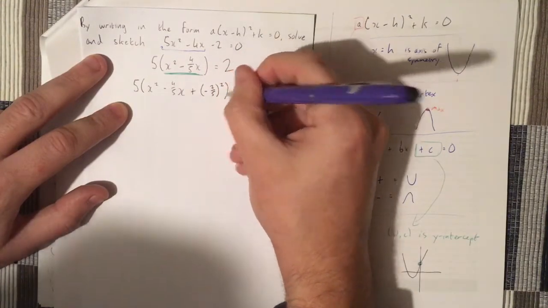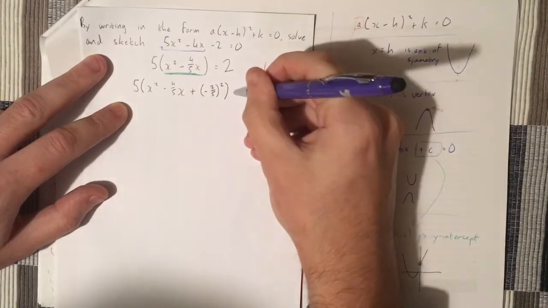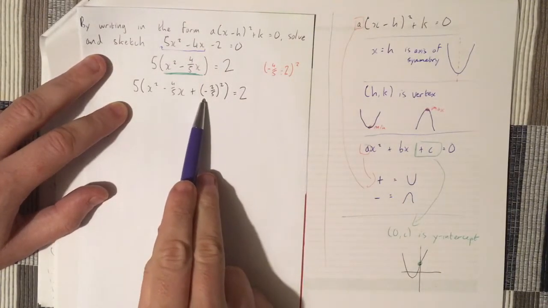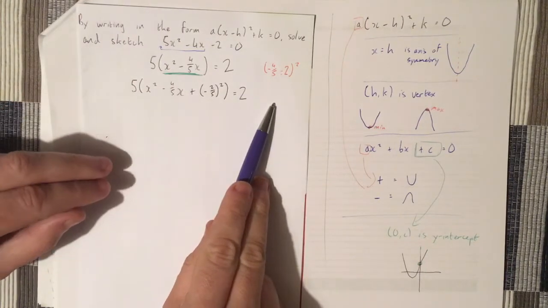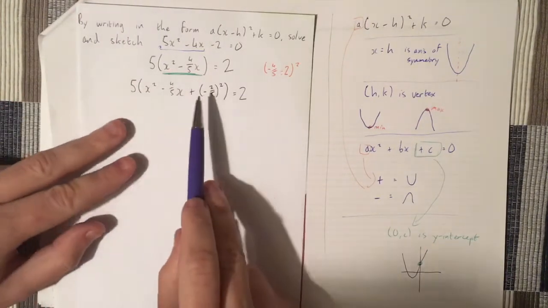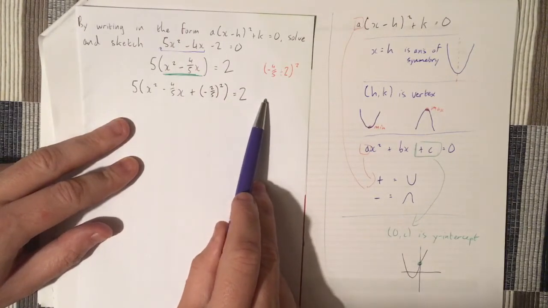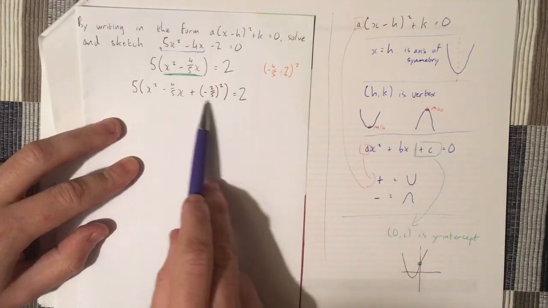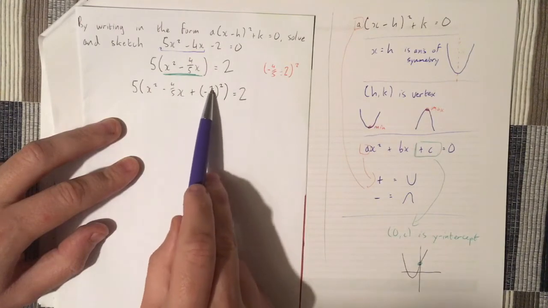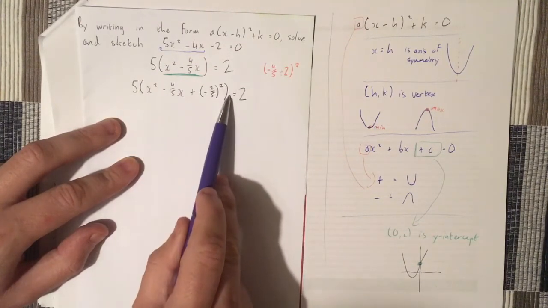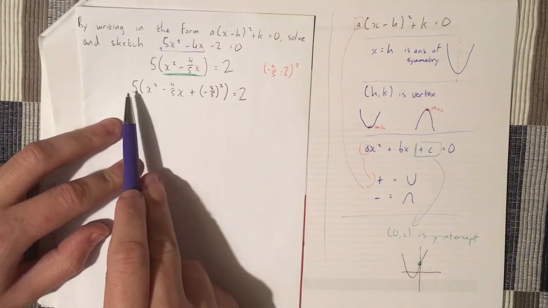squared, equals 2. Now, I've added something to the left-hand side. I need to add it to the right-hand side. It is very easy to say, I've added minus 2 over 5 squared to the left-hand side, I need to add that to the right-hand side. But if you look at that left-hand side, your minus 2 over 5 squared is inside a bracket that's being multiplied by 5.